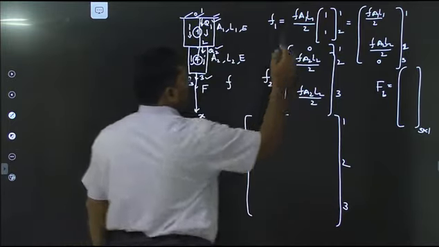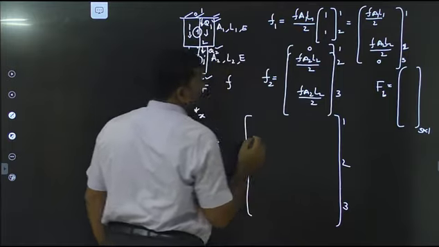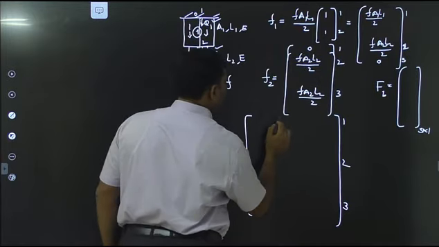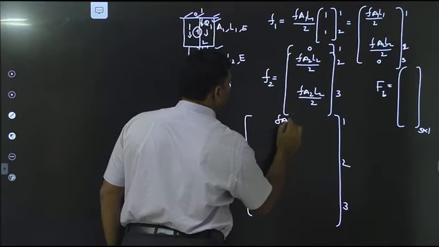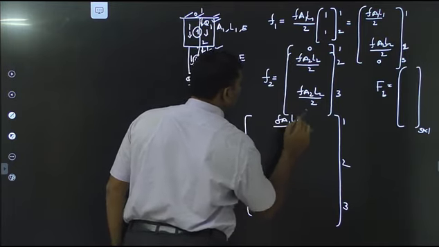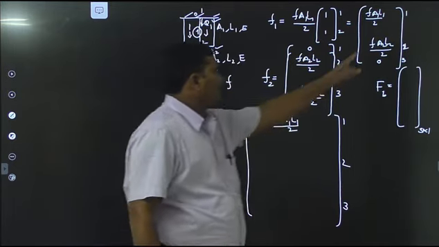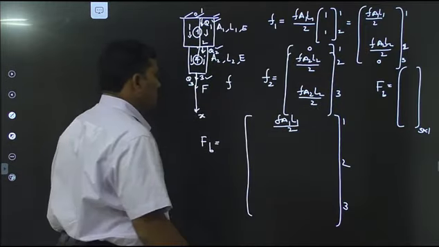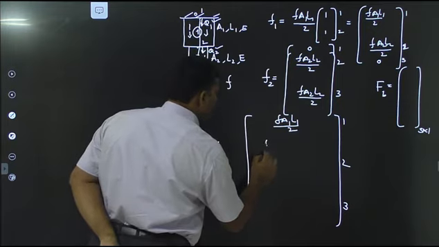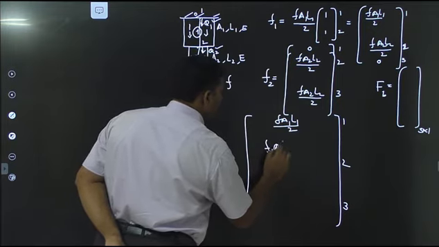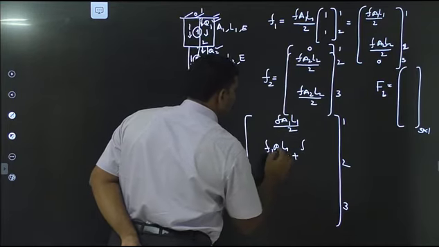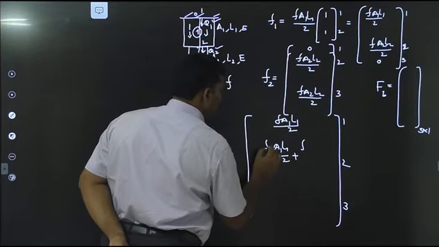Now, when you sum up, what is the element in first row and first column? It is simply F A1 L1 by 2. Next, coming to the element in 2 by 1 location. Tell me what it is. F A1 L1 by 2 plus, not F1, it is F. Please make correction.